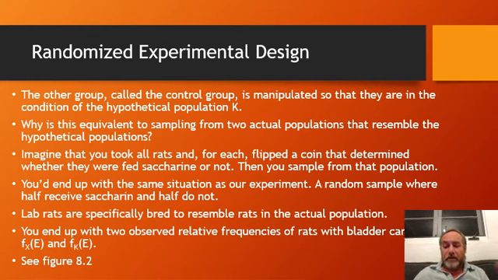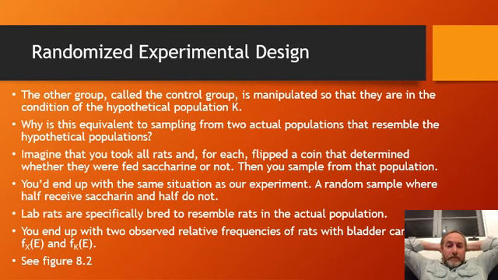Then you could sample from that population, and you'd end up in the same situation as our experiment, where in a random sample half get saccharin and half don't. So what we actually do, taking a random sample of the population and then dividing it into two, is basically equivalent to creating the hypothetical populations and sampling from those.